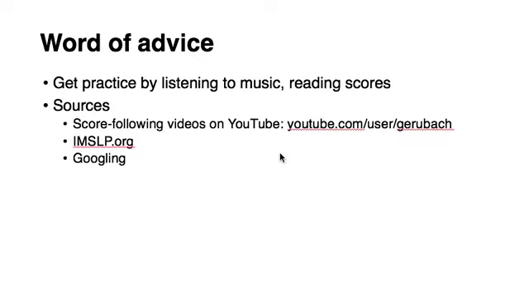Those are the pieces that are cherished in the canon, and most of them are in public domain, so you can find them to download for free online at sites like imslp.org, or even simply by Googling.